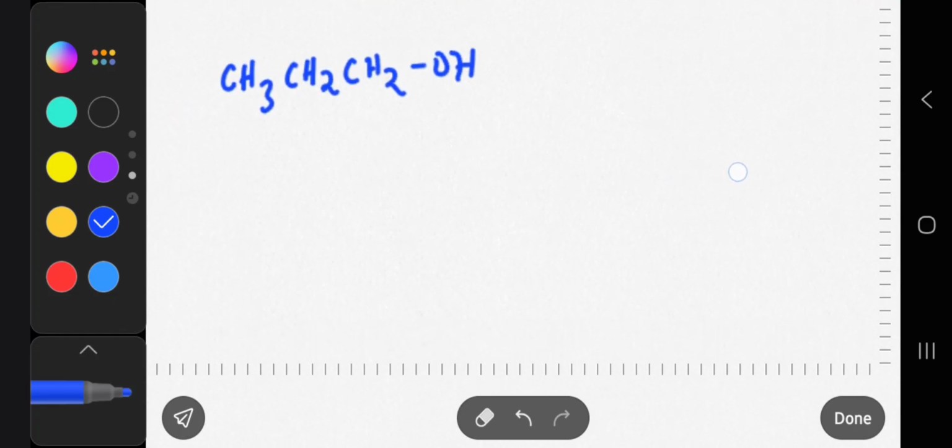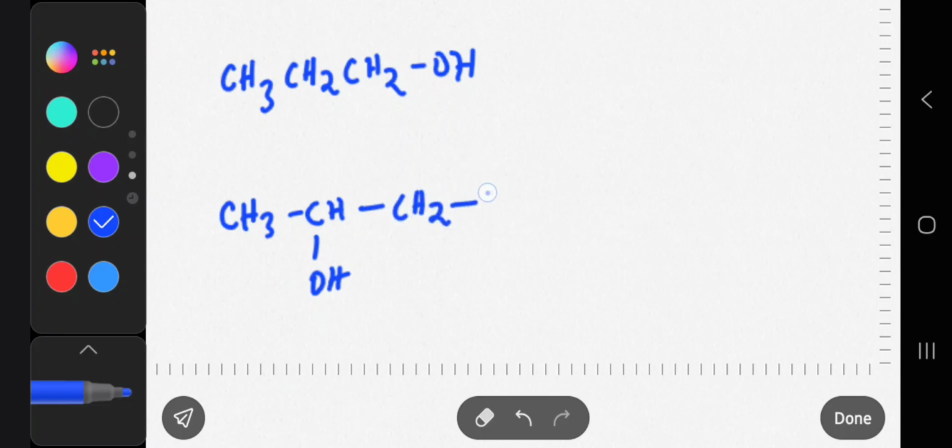Then let's have another compound. Okay, let me just write it just below it. Let's say we have CH3 here. Then let's say we have CH, then OH, okay? Then let's put CH2 here. Then let's say we have CH3, okay?